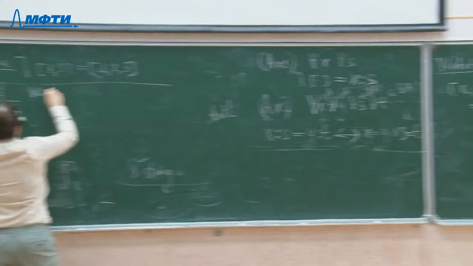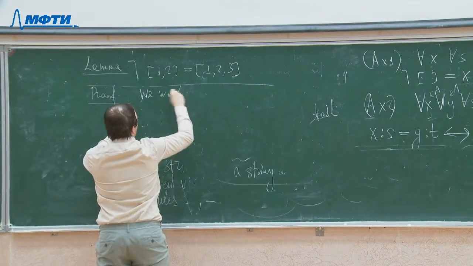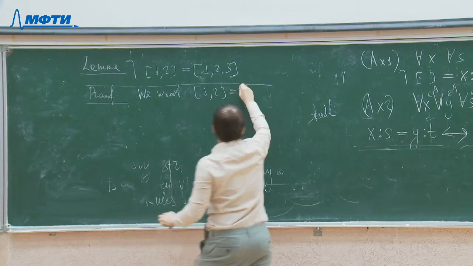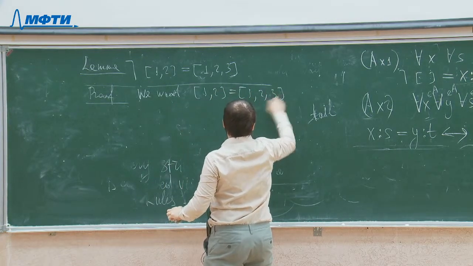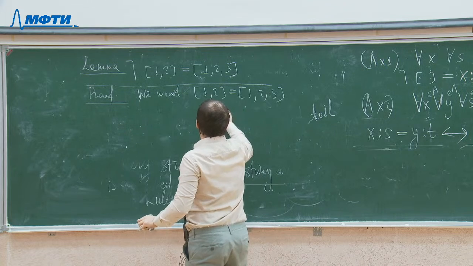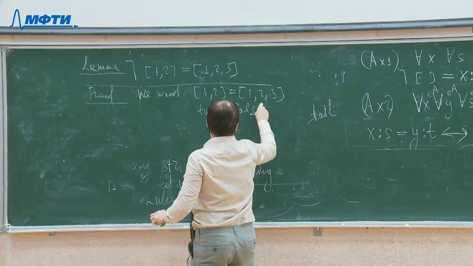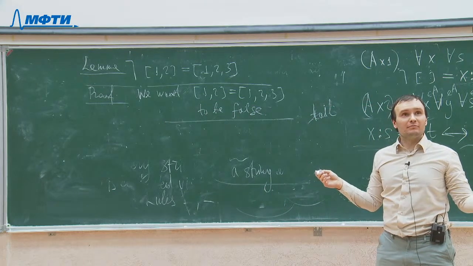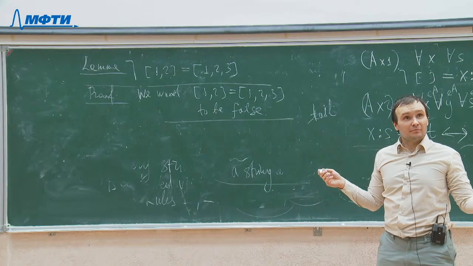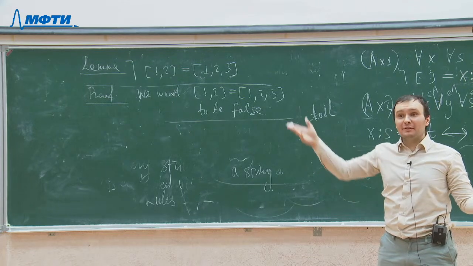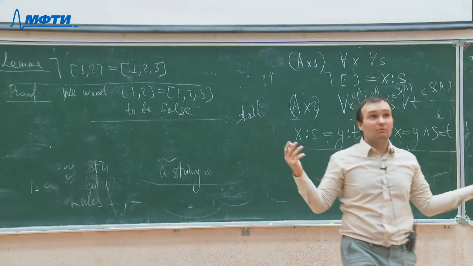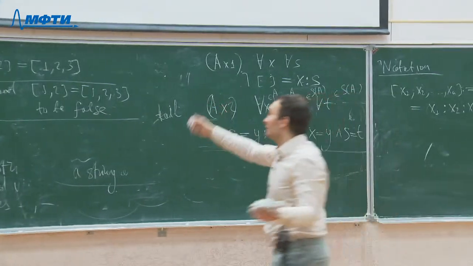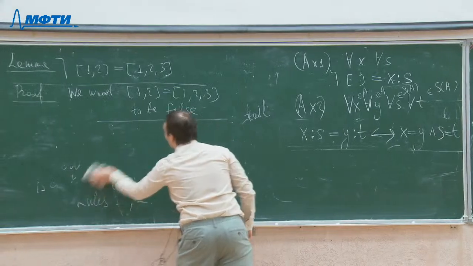Okay, we want this equality to be false. Do you agree? What does it mean that negation is true? Negation is true if and only if the statement itself is false. We want it to be false.